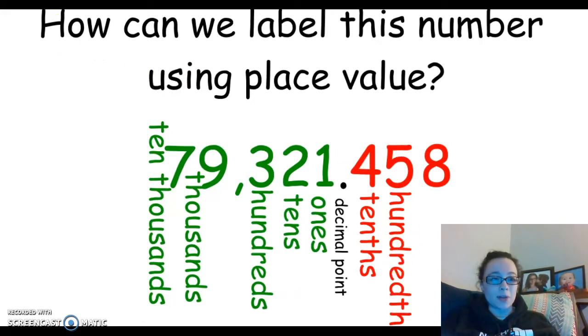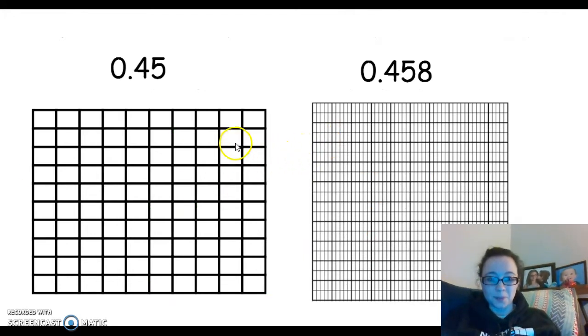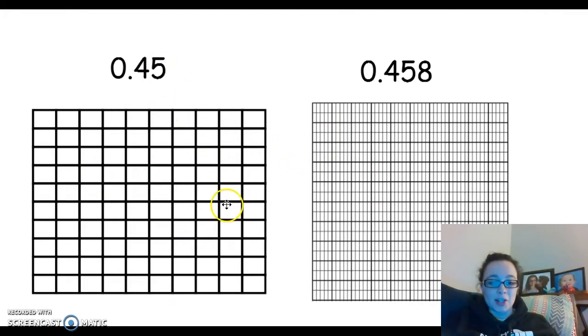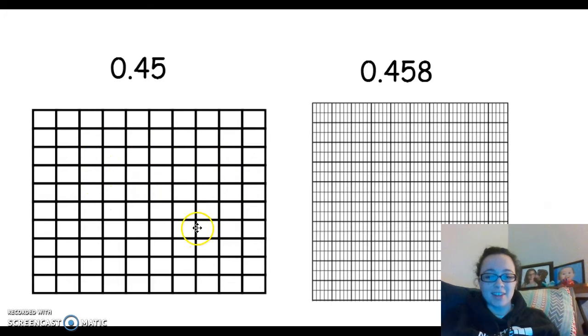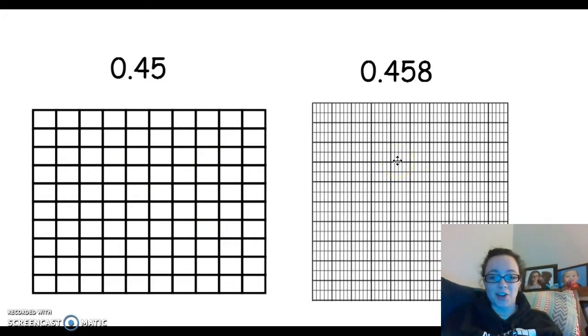In our notebooks, we have some different grids. This grid is our hundredths grid, and this grid is our thousandths grid. We also have these grids in our binders. Notice how the pieces are smaller, but the grids are about the same size. These are not perfect, but they're close.